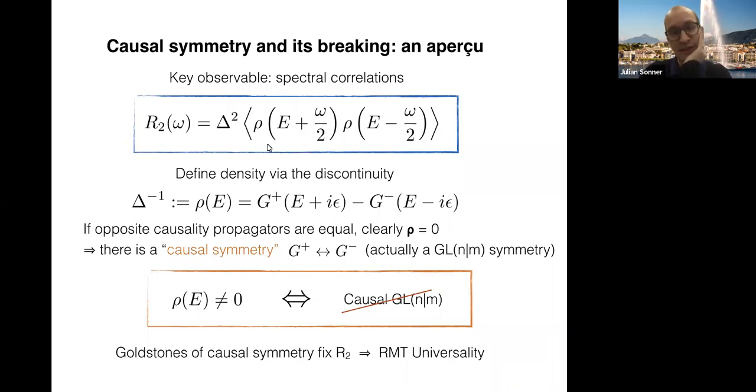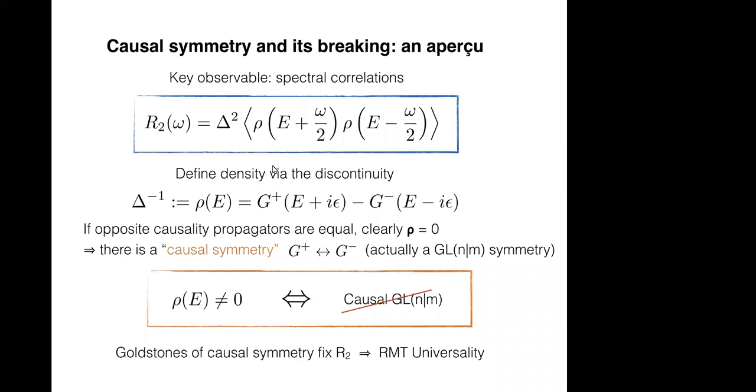We need to come back to what I mean by this averaging, because I also keep saying that this is true for individual systems. If you want to do this for a theory that has some parameters, you can average over these parameters. If you have a theory that doesn't have any parameters, then you might want to average over small energy windows, but certainly not over the entire spectrum. But we'll get back to this.